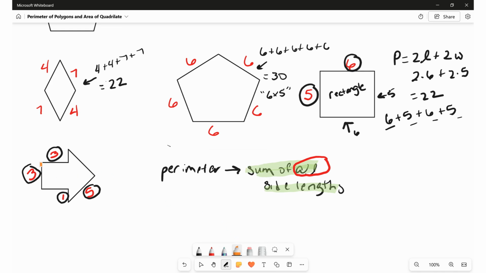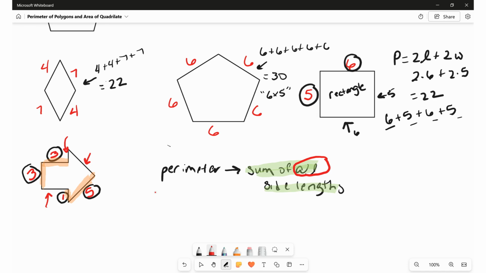You added this one and this one and this one and this one. But do you notice? What about this one? What about this one? And what about this one? What are those lengths? We're not given those.